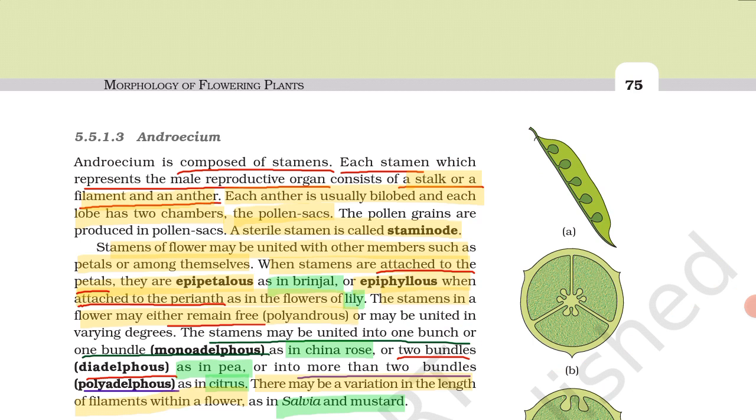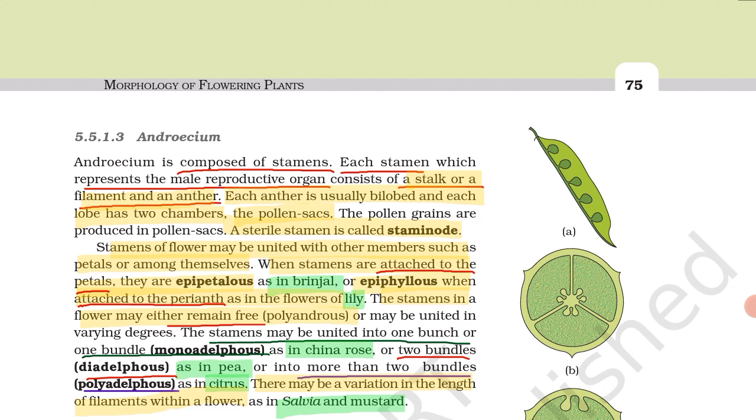The pollen grains are produced in the pollen sacs. So what is the pollen sac for? It is for the production of pollen grains. A sterile stamen is called a staminode. When a stamen does not have the power to reproduce, it is called sterile, and a sterile stamen is called a staminode.